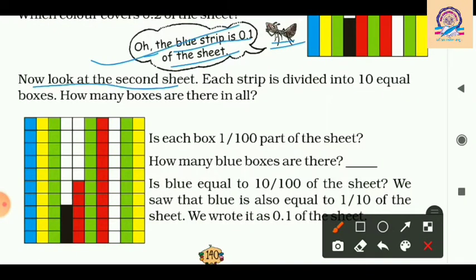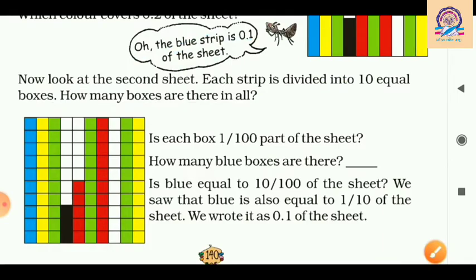Now look at the second sheet, this one. Each strip is divided into 10 equal boxes. How many boxes are there in all? So here you can see the previous sheet was also divided into 10 equal parts. So total boxes will be 100. You can also check it by counting.